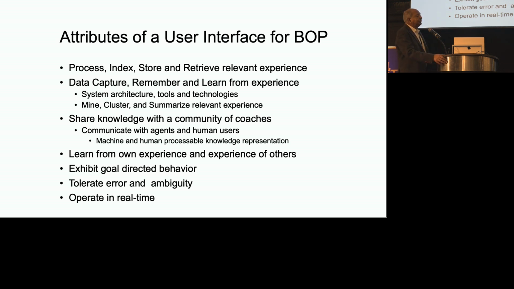And most systems that we have today, AI systems, even large language model systems, don't do all these things. They do some of them, but not all of them. Human beings do them all. That's the wonderful thing about human. So that's where the target goal is.